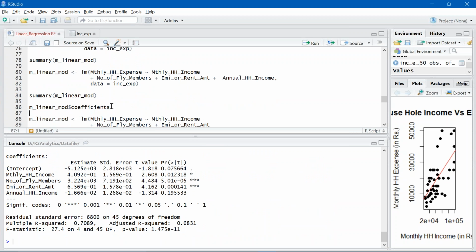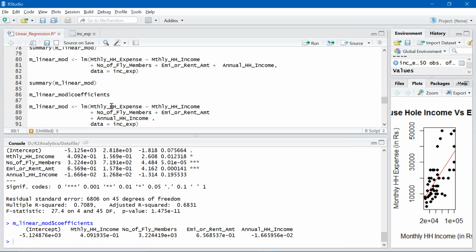Let me get these coefficients better. This is slightly okay. Now here, everyone just pay attention. What is this equation saying?